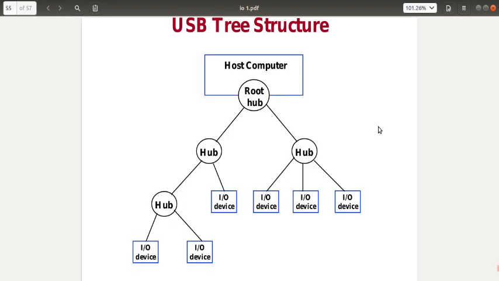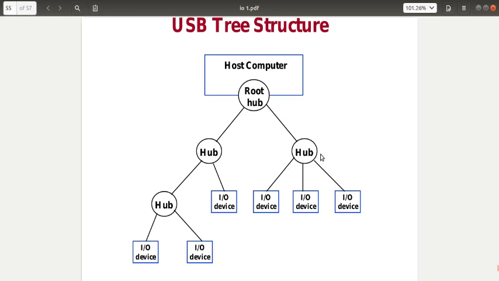There will be one root hub and there will be intermediate hubs. Each USB device you connect to the root hub can be a hub or an IO device, depending on how you connect.